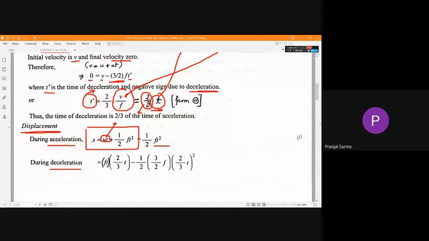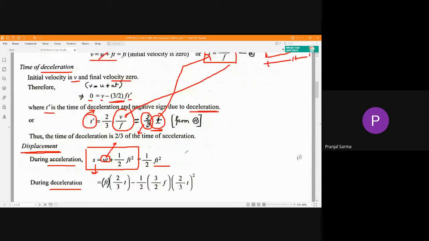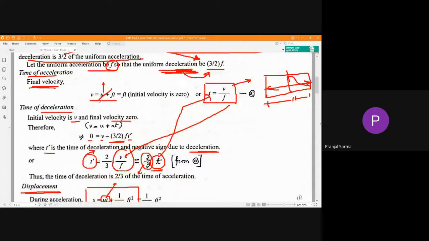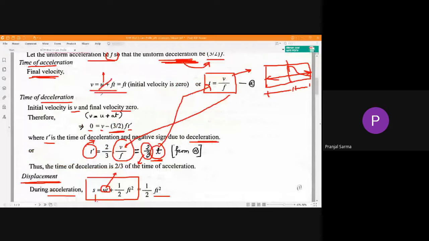For deceleration we can once again use s equal to ut plus half at square. And from there we can obtain that v equal to ft. So yes or no? v equal to ft.